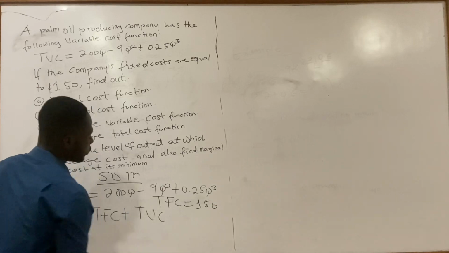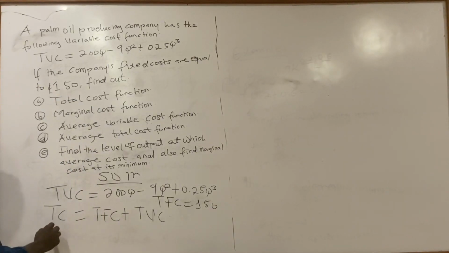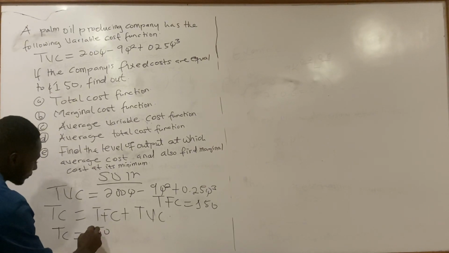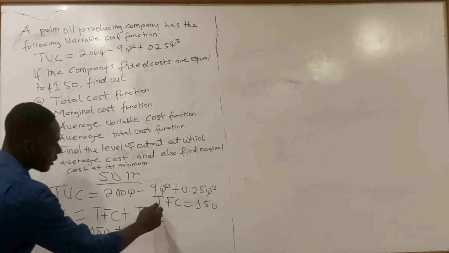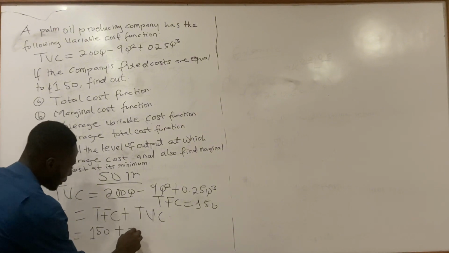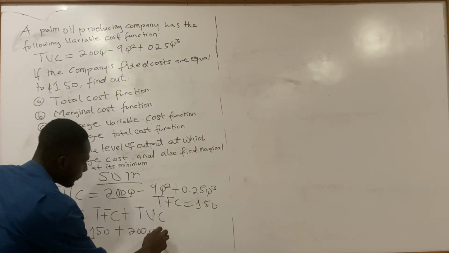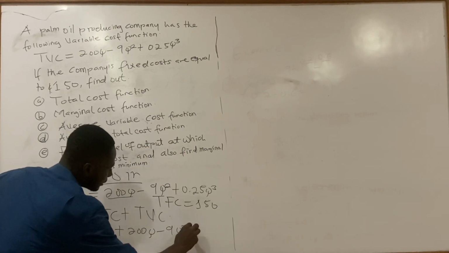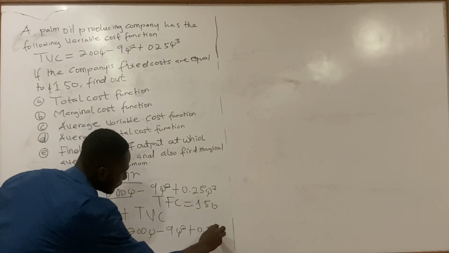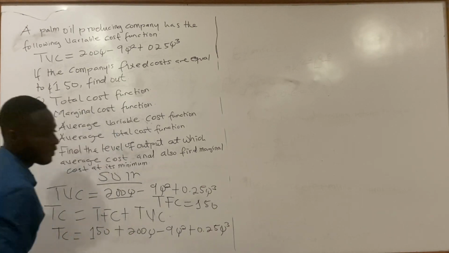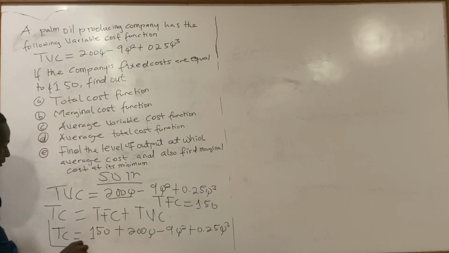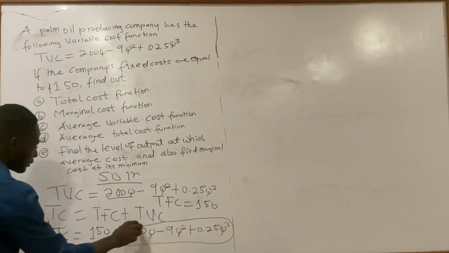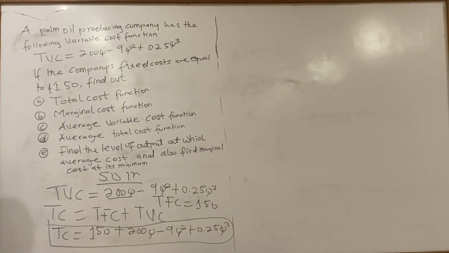So getting the total cost, we say total cost is equal to 150 plus the total variable cost, which is 200q minus 9q squared plus 0.25q cubed. So this becomes our total cost function as demanded in the question.